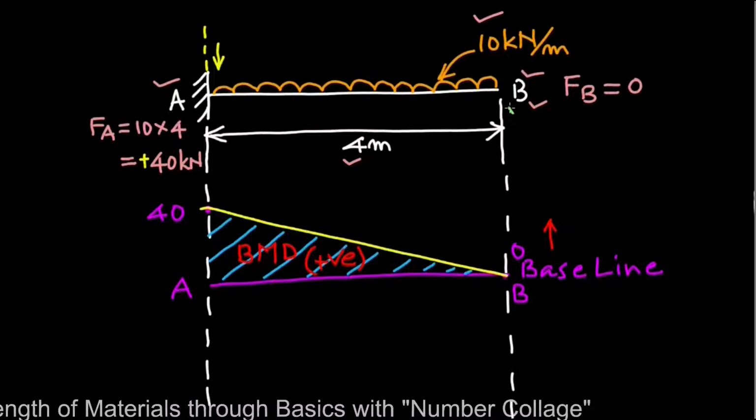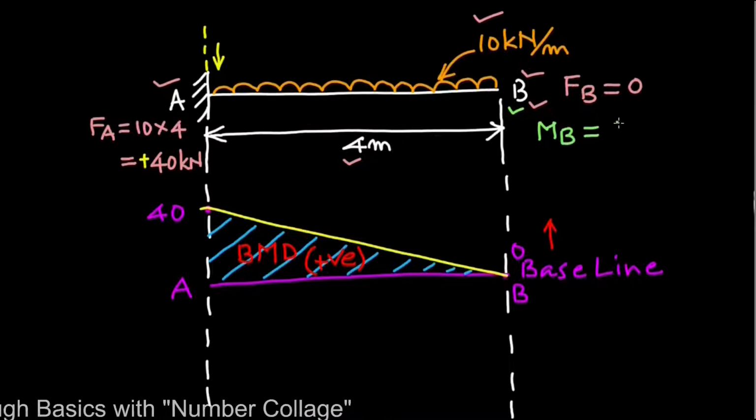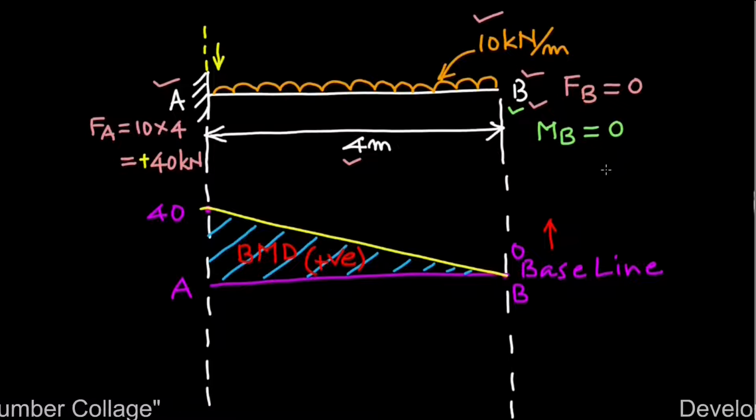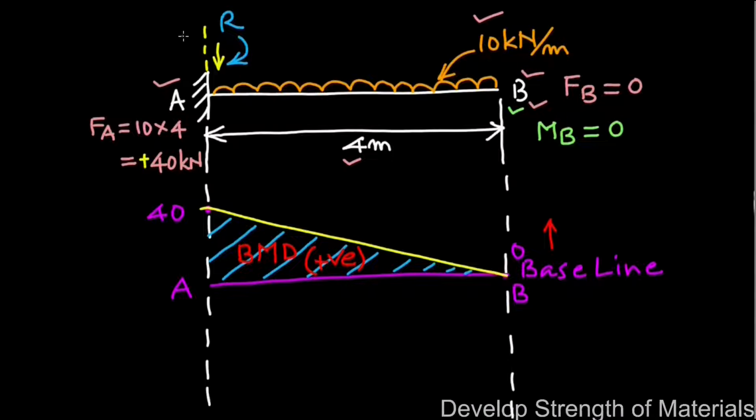Bending moment at point B, MB, will be 0 because it is the free end of this cantilever where there is no question of any bending. Bending moment to the right of section A is clockwise and to the left it is anticlockwise.